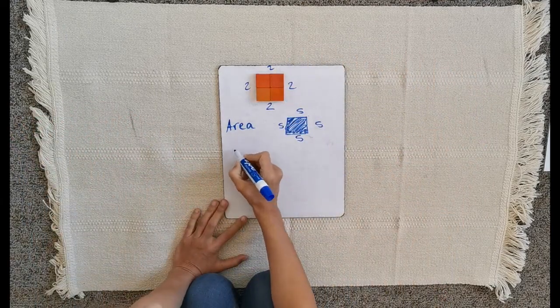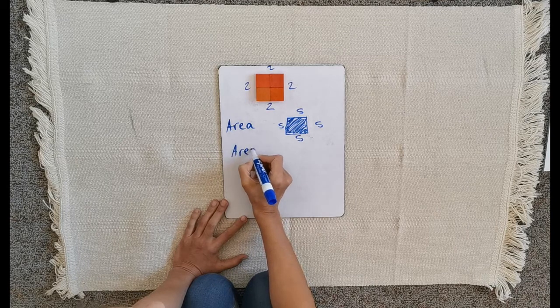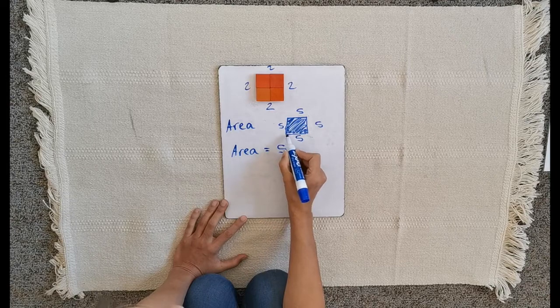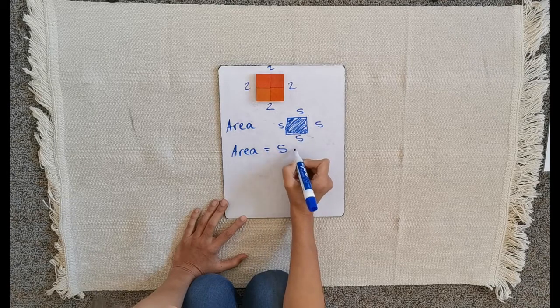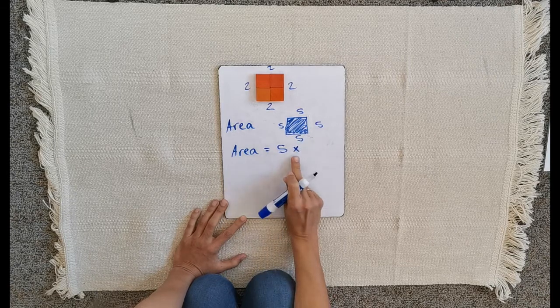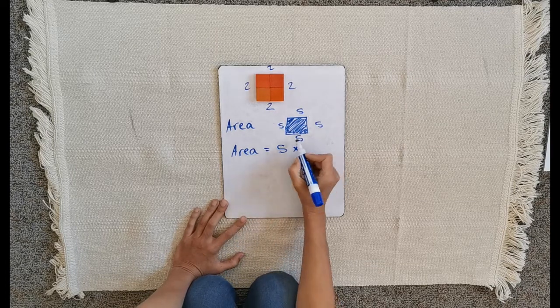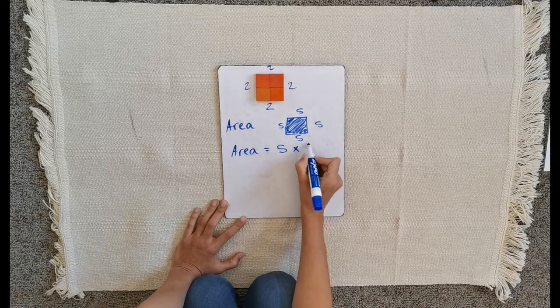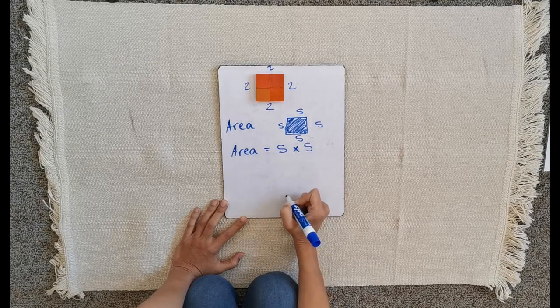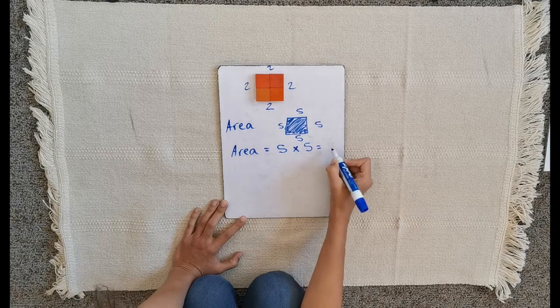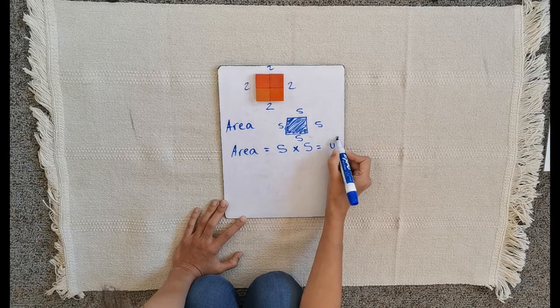And the area will be this one side times, we're going to use multiplication this time, times the other side. And it's always going to be in unit square.